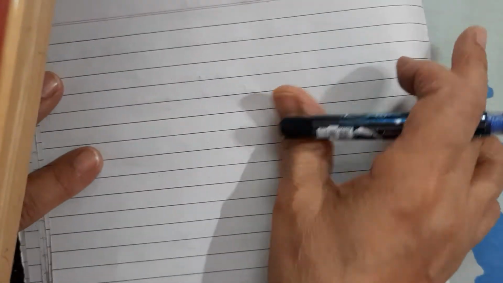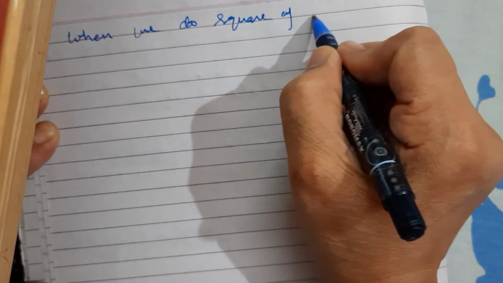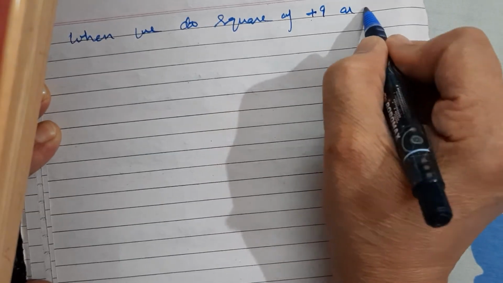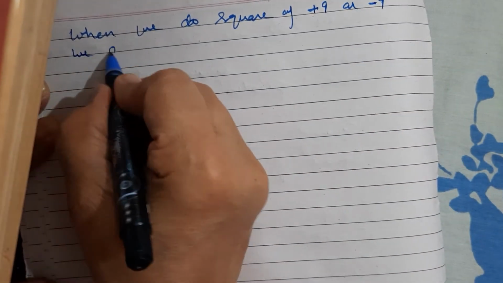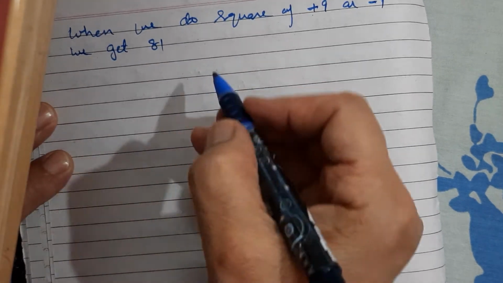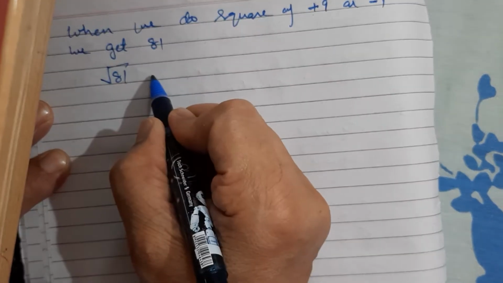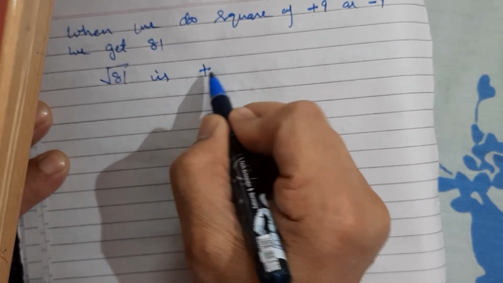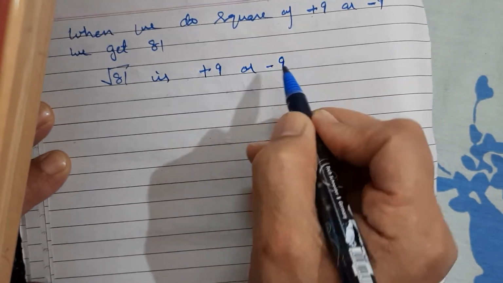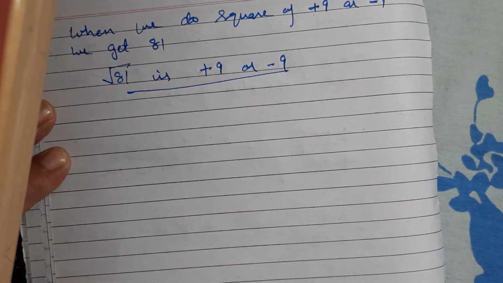So as I told, when we do the square of positive 9 or negative 9, we get 81 positive only, right? Or we can say that square root of 81 is plus 9 or minus 9, right? We can say that square root of 81 is positive 9 and negative 9.